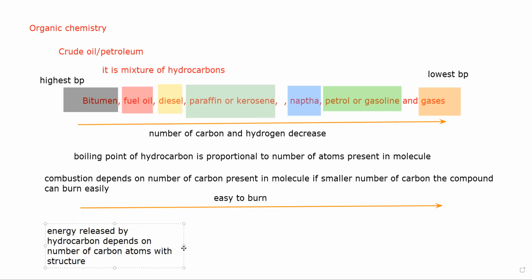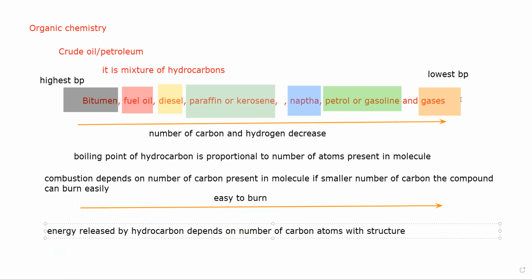So which one you think, if we burn completely, because refinery gases are easy to burn compared to paraffin or kerosene or fuel oil, which one will release more energy when we burn them, moving from bitumen to refinery gases? Energy released by a hydrocarbon depends on the number of carbon atoms within the structure.